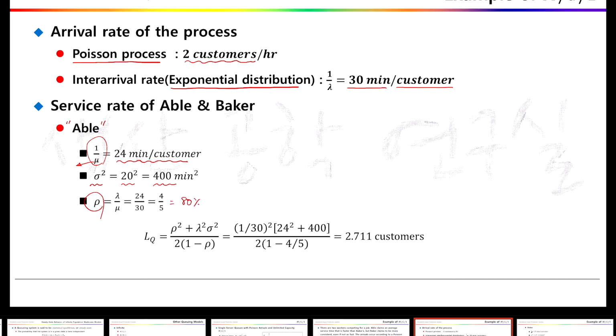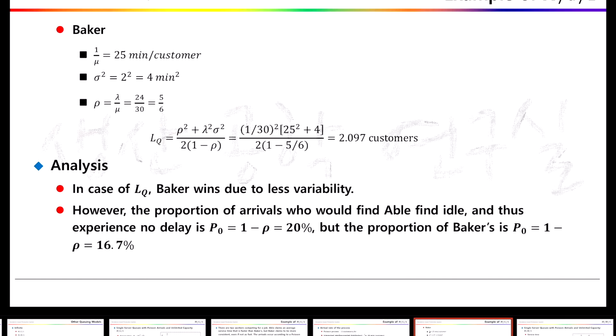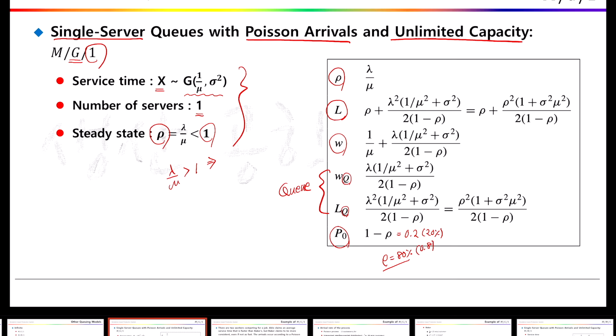And if we apply this formula, it requires utilization and mu; 2 terms are required.